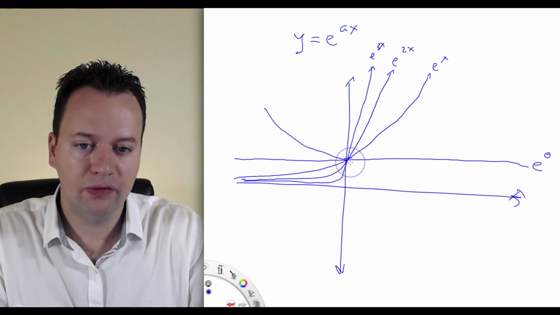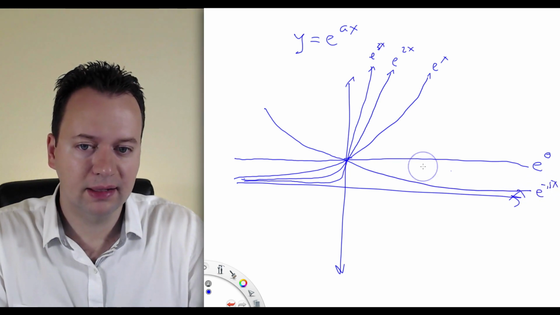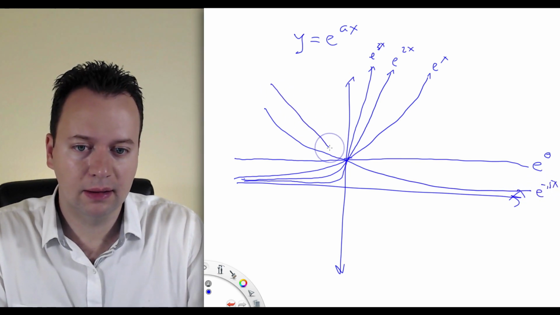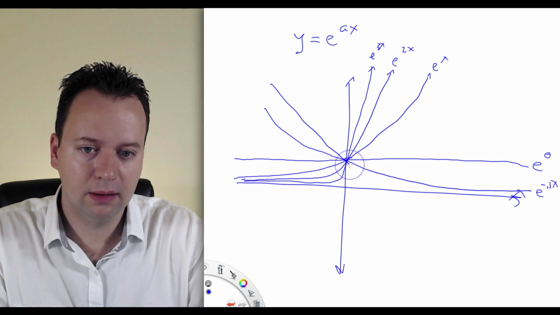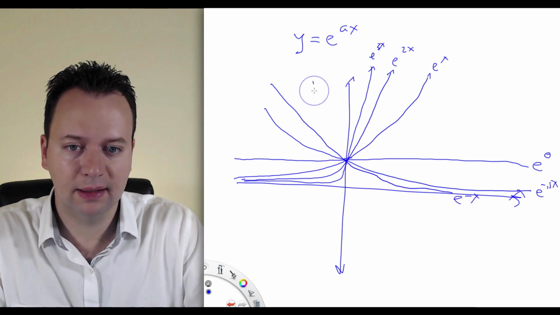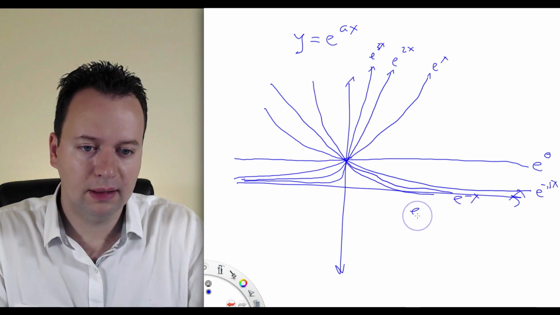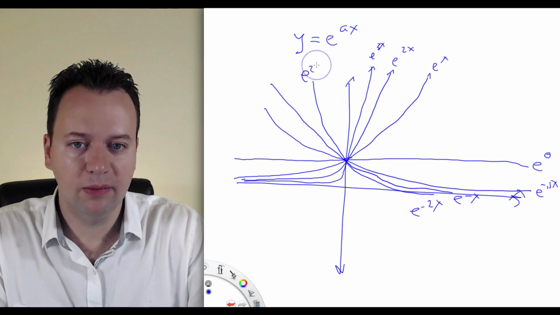And then you have maybe e to the minus 0.5x. Maybe that's e to the minus x, e to the minus 2x, and so forth. When you do the negative, this is e to the minus 2x.